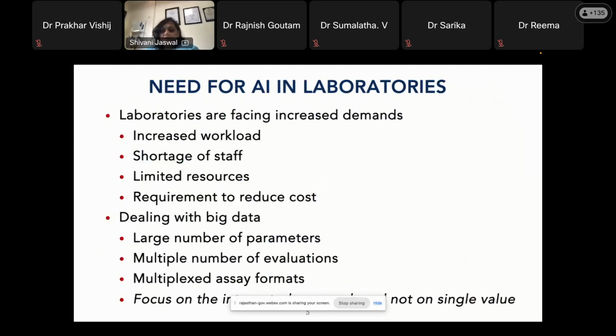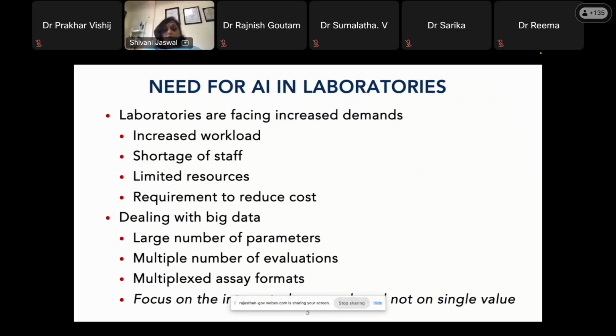And the two main reasons for requirement of AI in laboratories is one, that in laboratories we are facing increased demands. There are increased workload, and we all deal with shortage of staff. Resources are very often limited, and there is a persistent demand to reduce the cost. Second reason is that we all deal with big data.